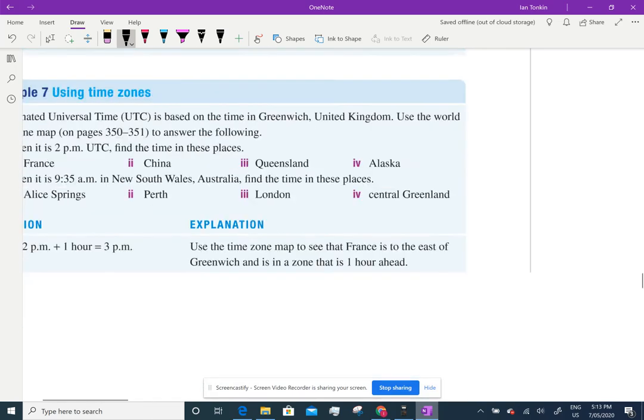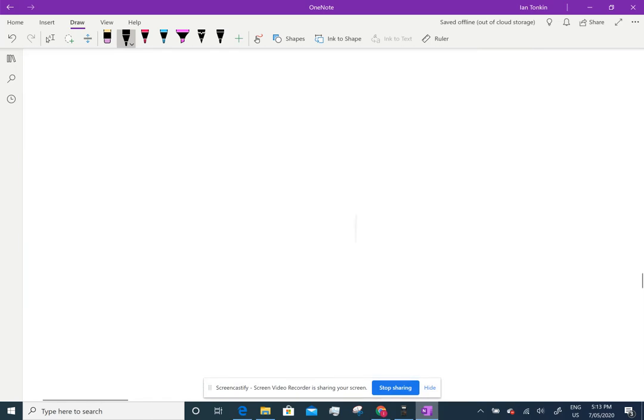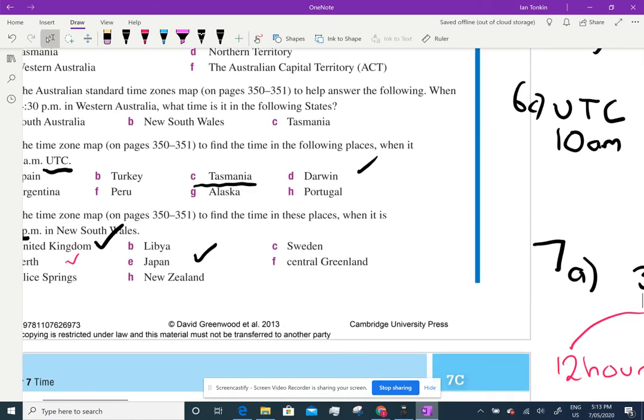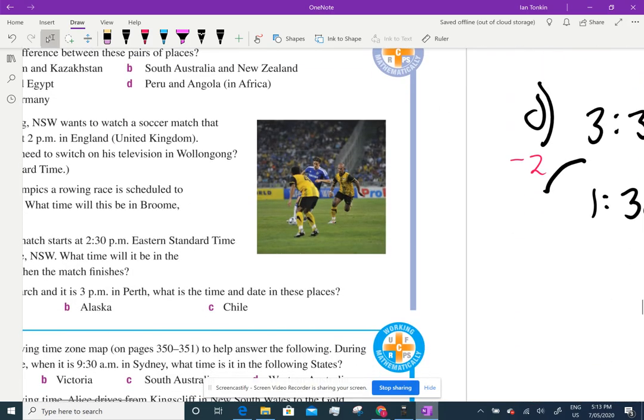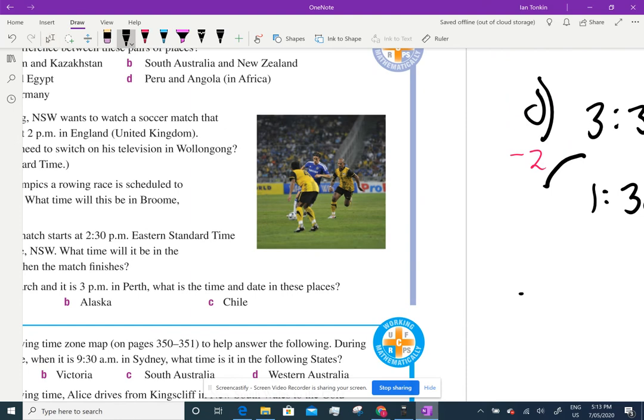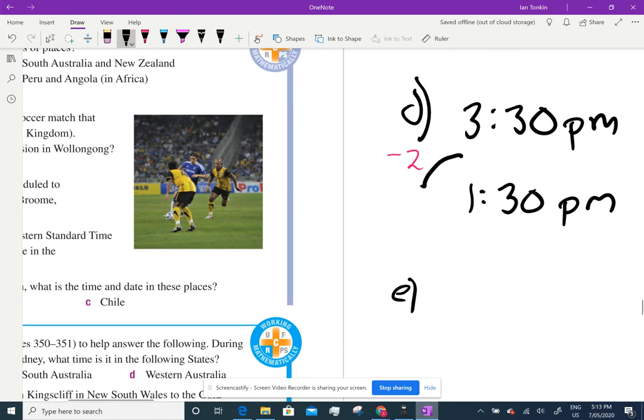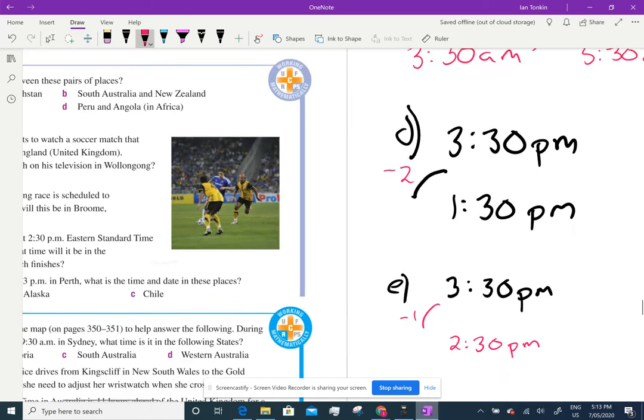So this is E. If it's 3:30 p.m., we've just got to go back 1 hour. So back an hour, and that takes us to 2:30 p.m. in Japan.